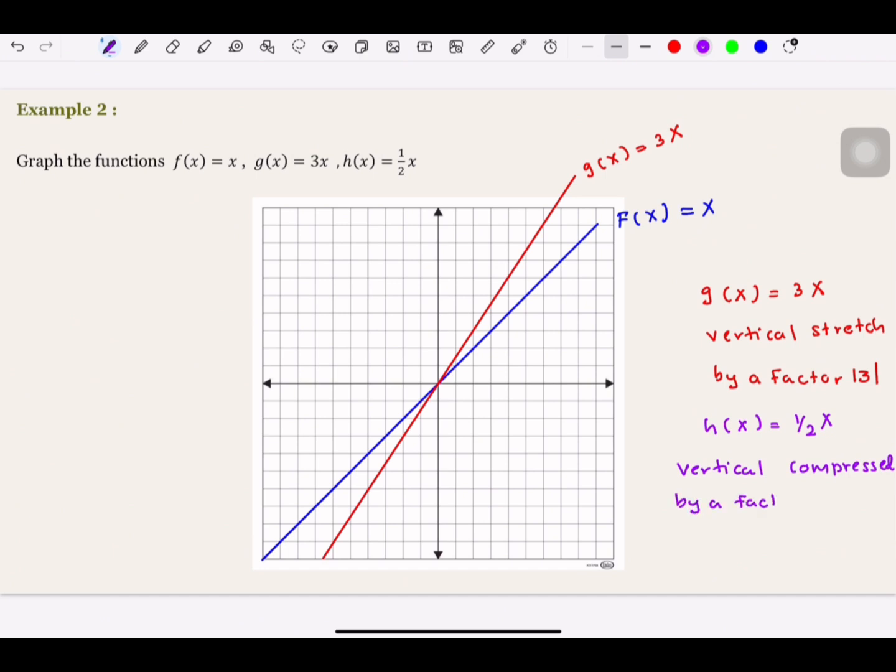Okay, you have to have absolute values. Over here, the line becomes flatter because it rises more slowly. The slope becomes half. If you sketch this, it's going to be something like this. This line is much closer to the x-axis.